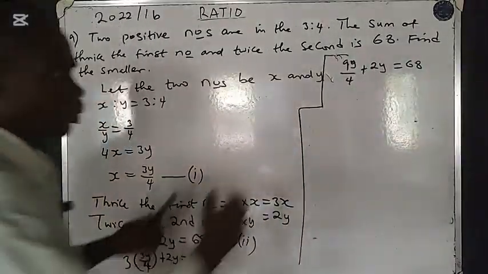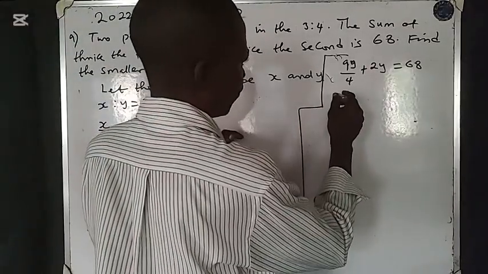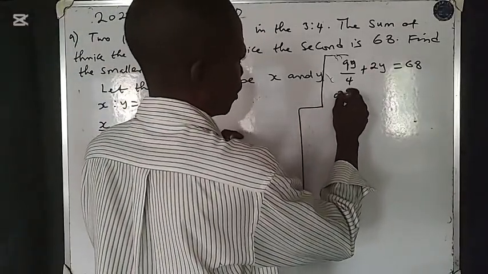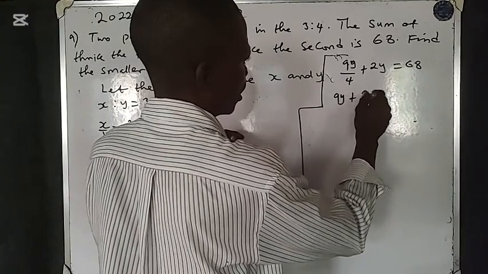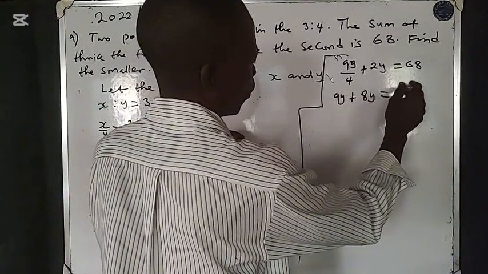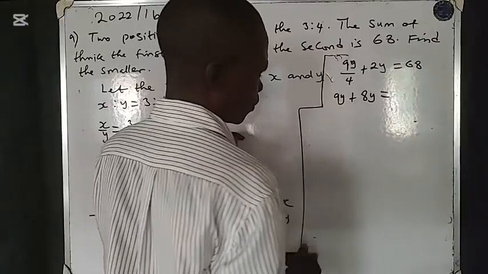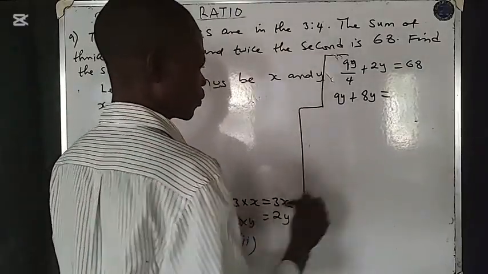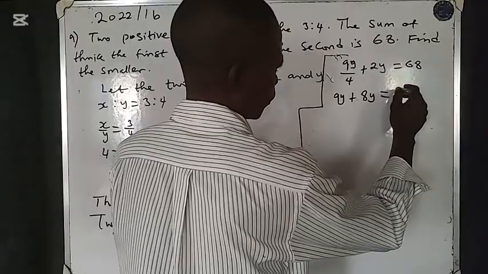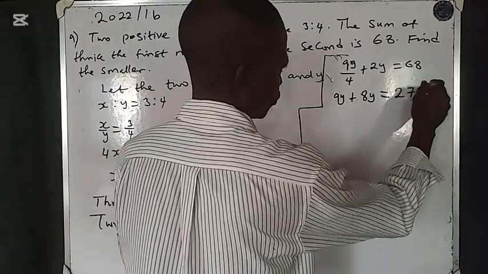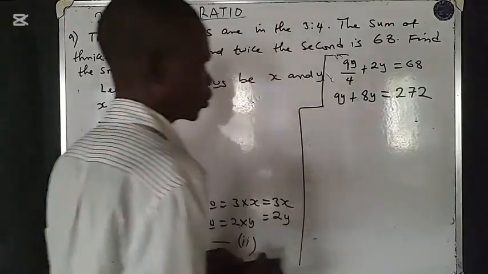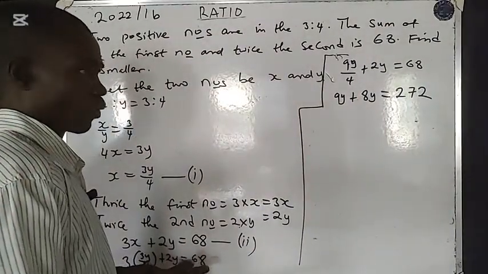Right? When you multiply through by 4, you have 9y plus 8y equals what? 4 times 68 will give us what? 272. We multiply through by 4, right?